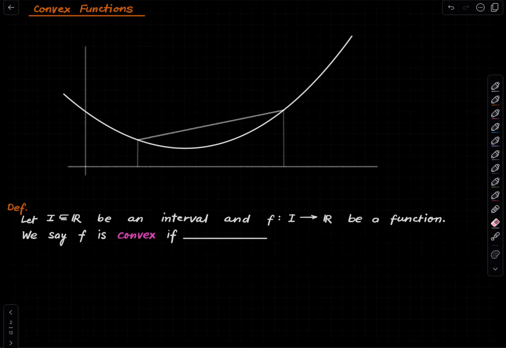Okay, so fix some interval. It could be a closed interval, open interval, one side open, one side closed, whatever, but an interval. And to be a little concrete, you can think of this as an open interval. That's good enough. So suppose we have an interval and a function defined on it.